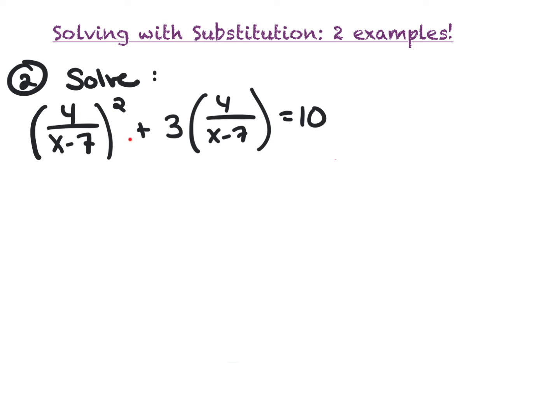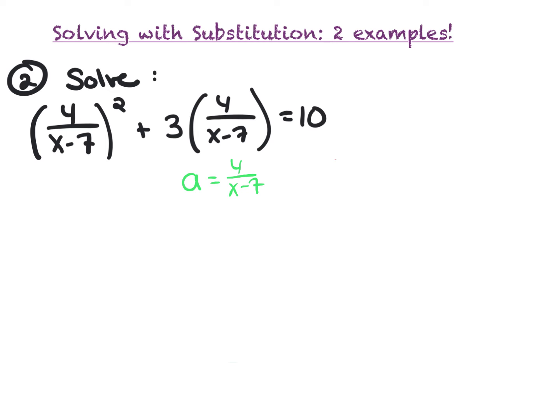So it's harder to see here, but this is also quadratic in form. We have a term that is squared and a term that is linear, to the 1. So the substitution I'm going to make, to be consistent with the last one, is I'm going to let a be the term in the middle, 4 over x minus 7.